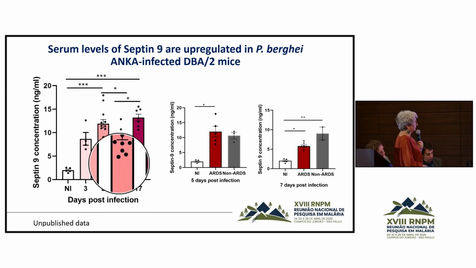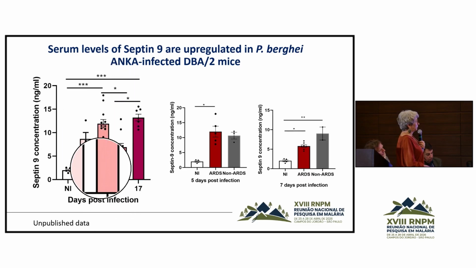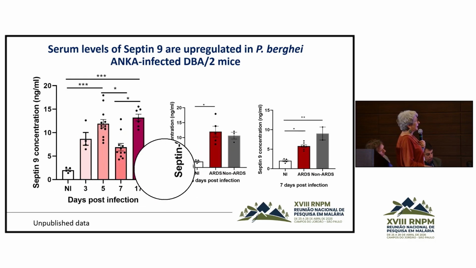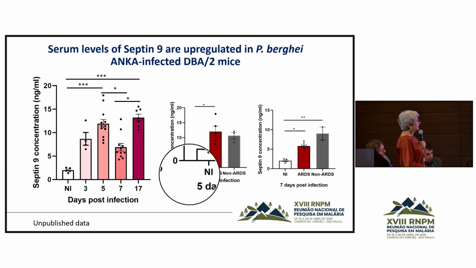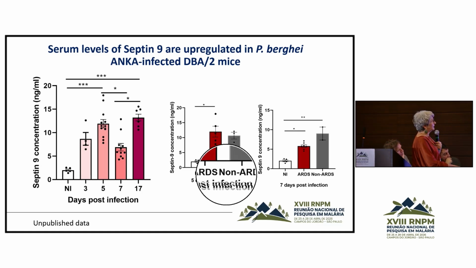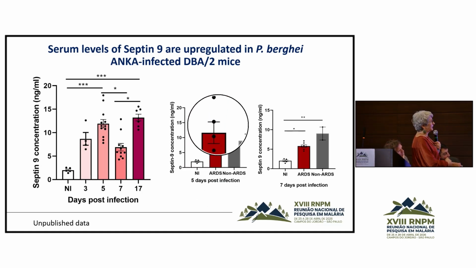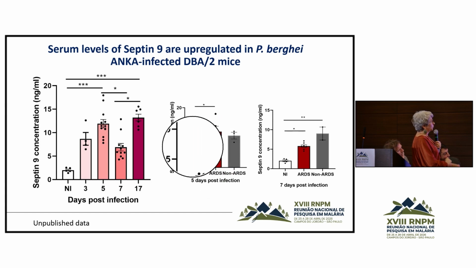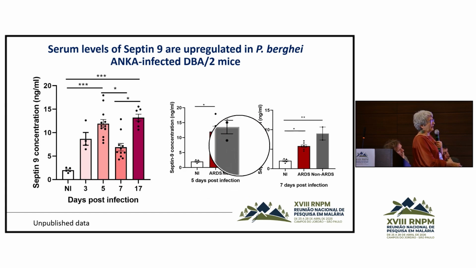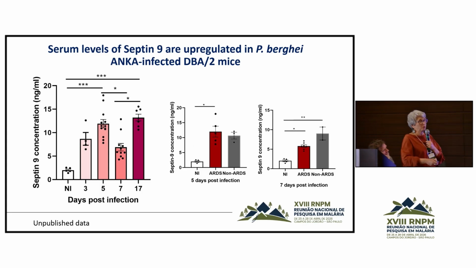On the 5th day, again, you have a higher expression of this protein in the serum. And in this case, we can separate from the 5th day onwards those who developed ARDS and those who didn't, because we observed the animals until the end of the infection. So we saw that on the 5th day, septin is higher in the serum when compared to the animals that did not develop ARDS.